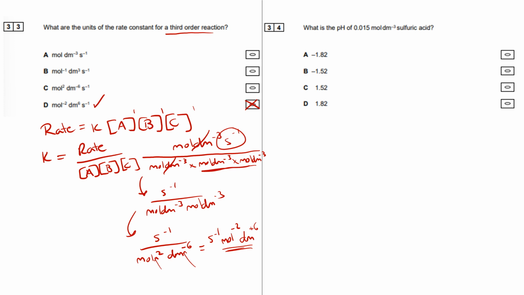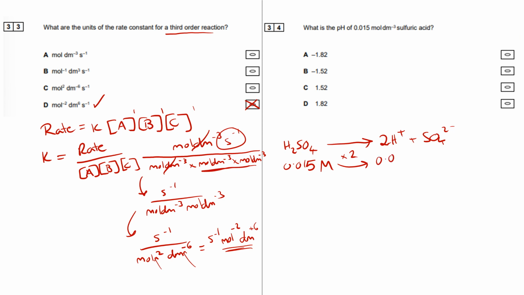Question 34. What's the pH of 0.015 moles per decimeter cubed of sulfuric acid? So remember, this is a strong acid, it fully dissociates. It's also a diprotic acid. So if you got this question wrong, it may be because you forgot that bit of information. So if you've got 0.015 moles per decimeter cubed of sulfuric acid, how many moles of hydrogen ions are you going to have?